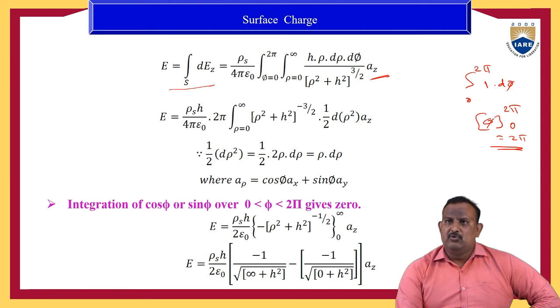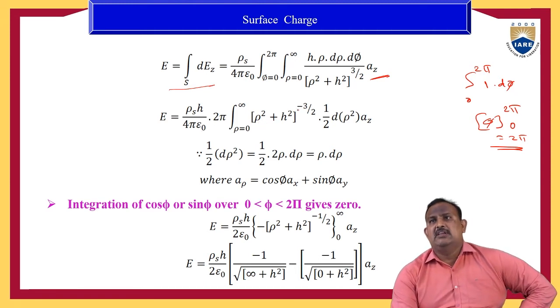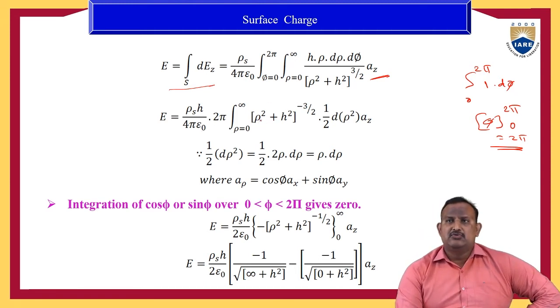So if you move the (rho square plus h square) whole power 3 by 2 from the denominator, it becomes (rho square plus h square) whole power minus 3 by 2. Here, in place of rho into d rho, I am writing half into differentiation of rho square, because the differentiation of rho square is 2 rho into d rho, and half into 2 rho cancel each other, so we have rho into d rho.